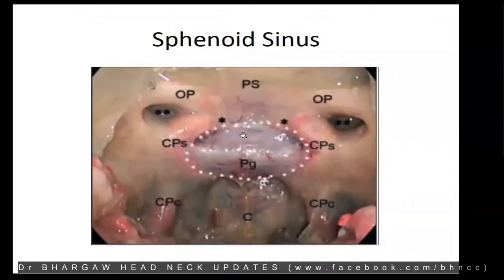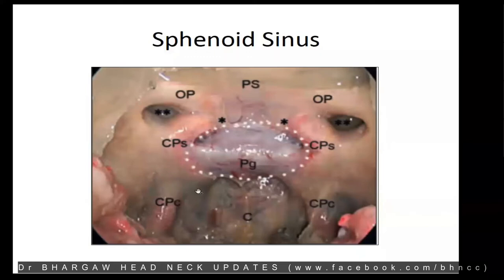Once you open up the sphenoid, when there is disease in the sphenoid sinus, it depends on whether it's eroding the walls of the sphenoid sinus. We have already discussed in the previous talk that lateral and superior erosion of the wall is a contraindication for surgery.